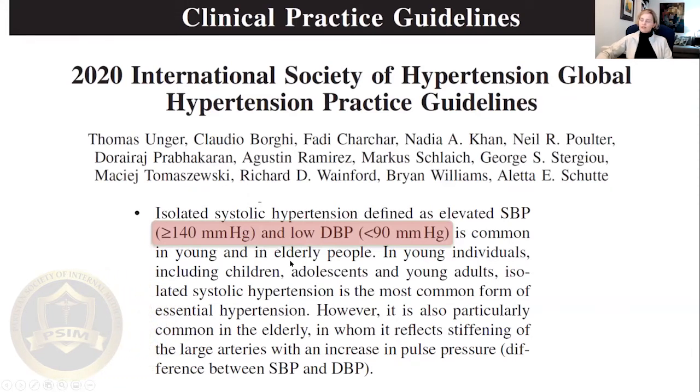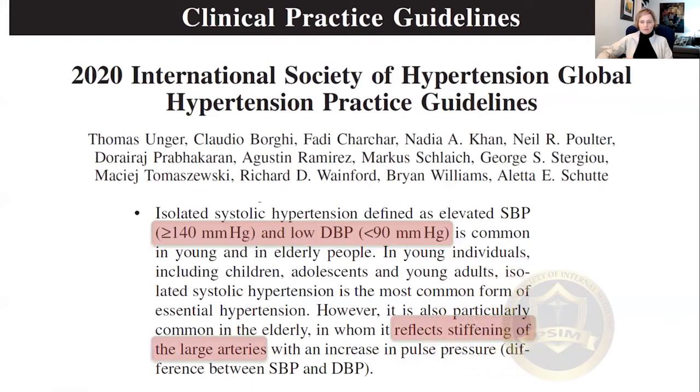Interestingly, we will get to the different profiles. In young individuals, which includes children, adolescents, and young adults, isolated systolic hypertension is the most common form of essential hypertension. However, it is also particularly common in the elderly, in whom it reflects stiffening of the large arteries with an increase in pulse pressure, the difference between systolic and diastolic blood pressure, as I've just explained.